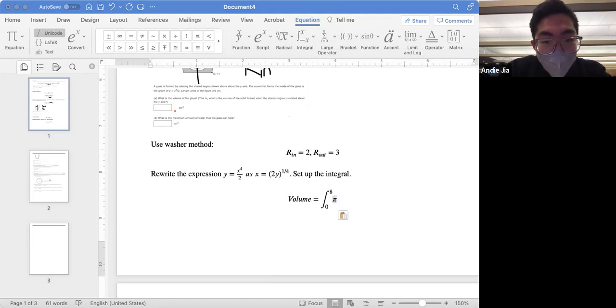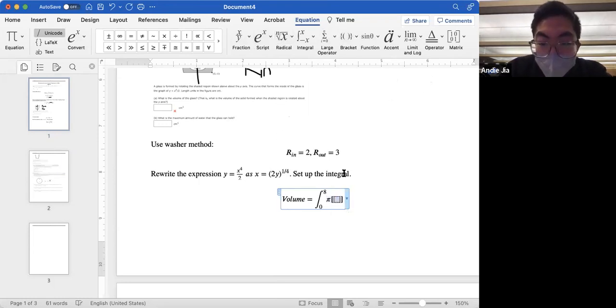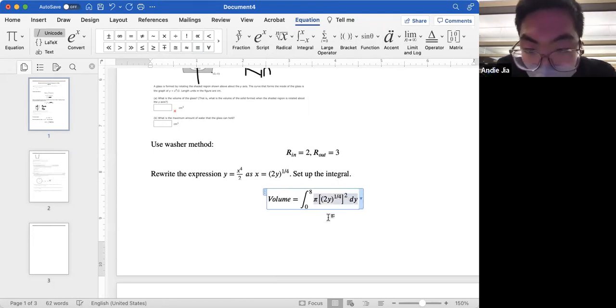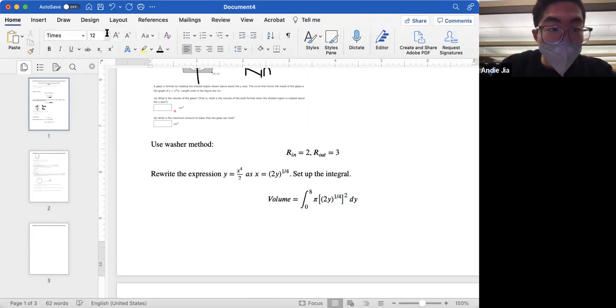The function in this case is going to be squared, so this is going to be (2y) to the 1/4 squared, dy. So this is an integral.